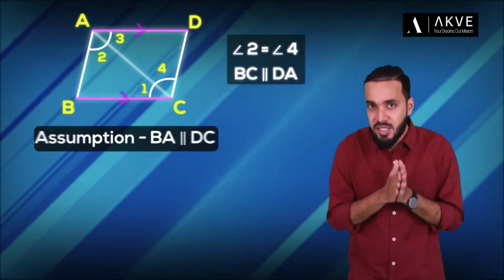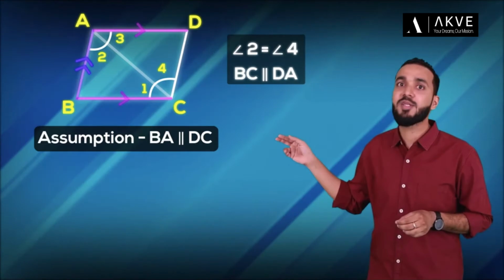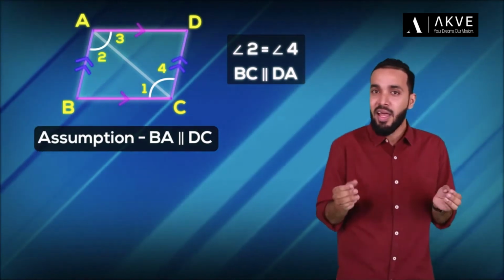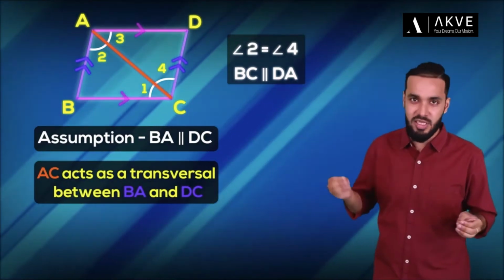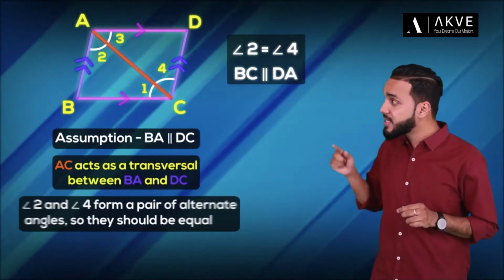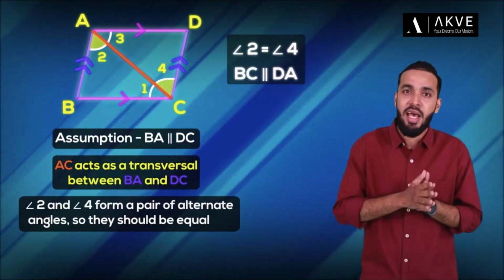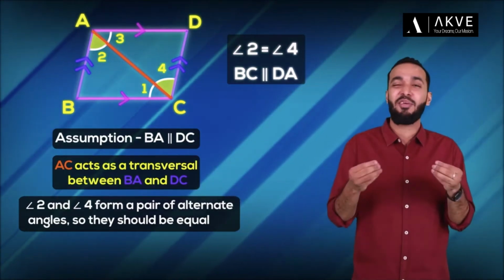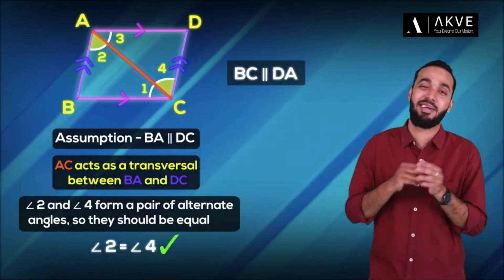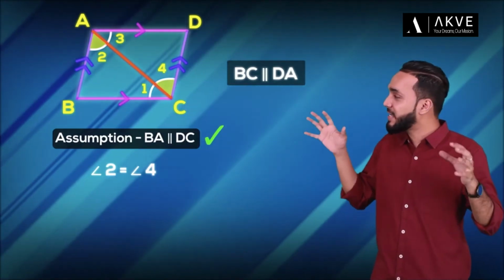Similarly, if we assume that BA is parallel to DC, then AC would act as a transversal, which means angles 2 and 4 would form a pair of alternate angles and they must be equal. We have already proven that they are. So our assumption is correct here again.